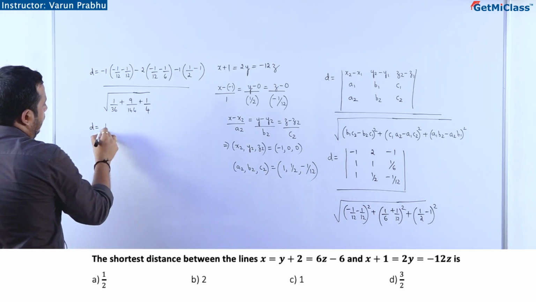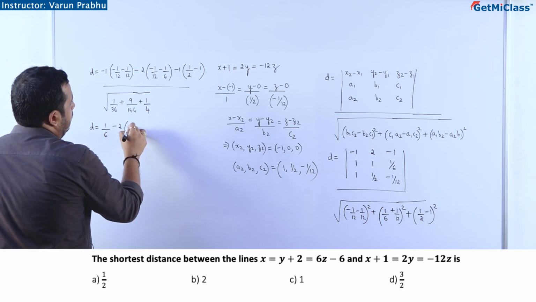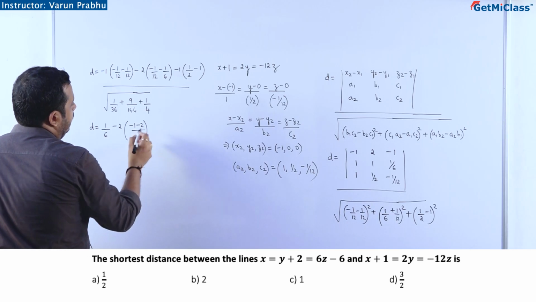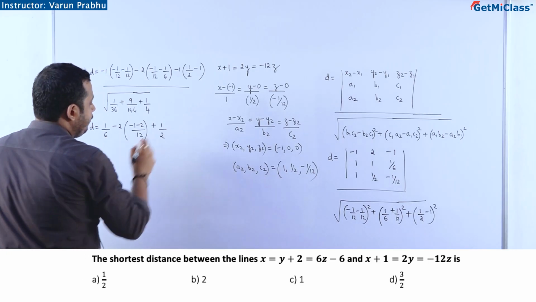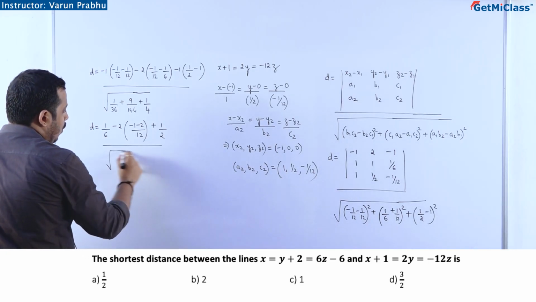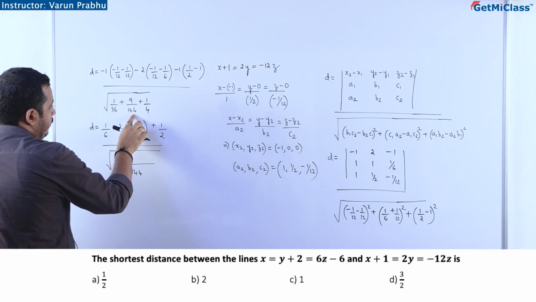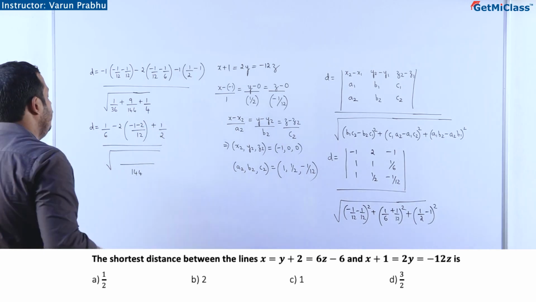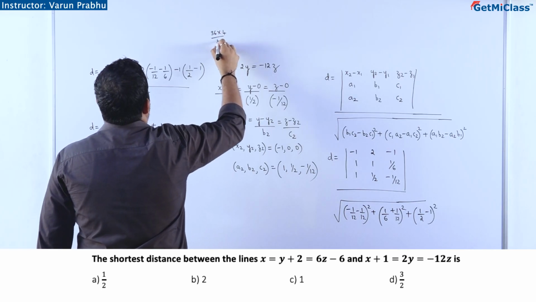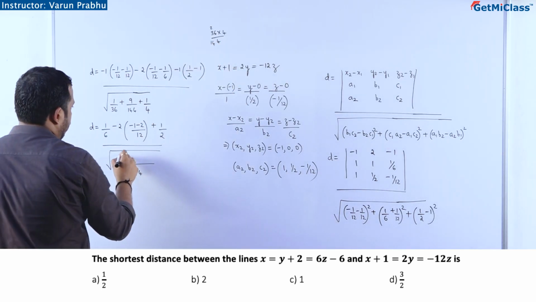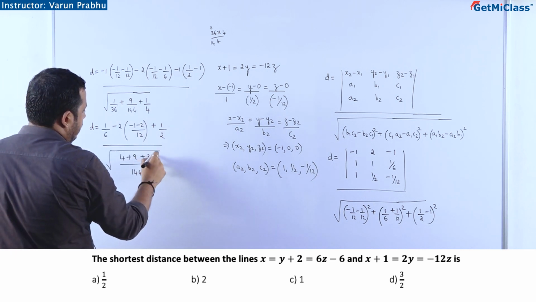So D is equal to 1 divided by 6 here, and then minus 2 times minus 1 minus 2 divided by 12, and then plus 1 by 2, divided by the whole root of. We can take 144 as 36 into 4, since 4 sixes are 24, 4 threes are 12. So this is 4, plus 9, plus 4, and 36 here.